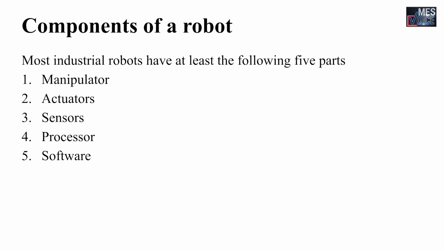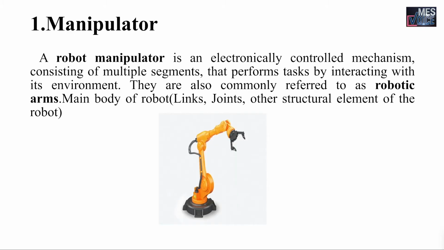Now we can see the components used in a robot, or the major components of a robot. Most industrial robots have at least the following 5 parts. They are manipulators, actuators, sensors, processor and software. Now we can look into the manipulator.